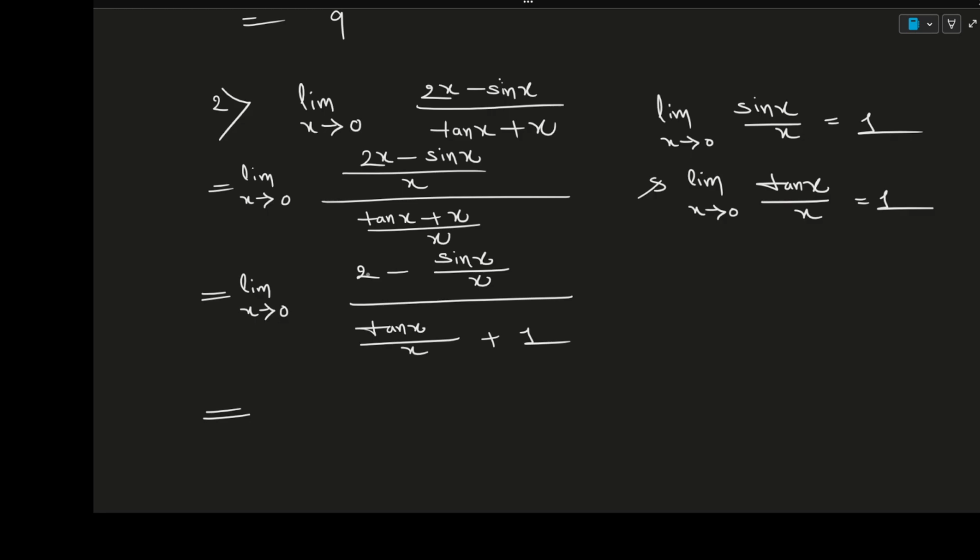Then the limit of 2, at whichever point x goes, the limit of 2 will be 2 only. So it is very clear that the limit x tends to 0 for the function f of x will be 2 minus 1 over 1 plus 1, so it is 1 by 2.